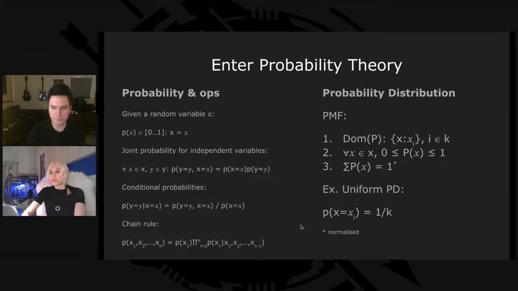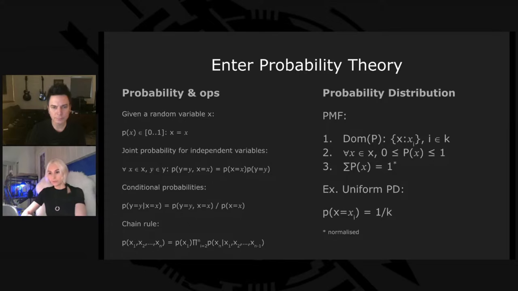Another side of probability theory is the concept of probability distribution. It is an abstract object or a measure representing how exactly probabilities of a particular variable are distributed. Probability distribution is usually represented for discrete variables with a probability mass function.